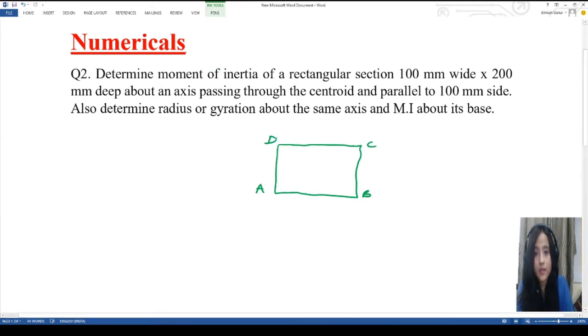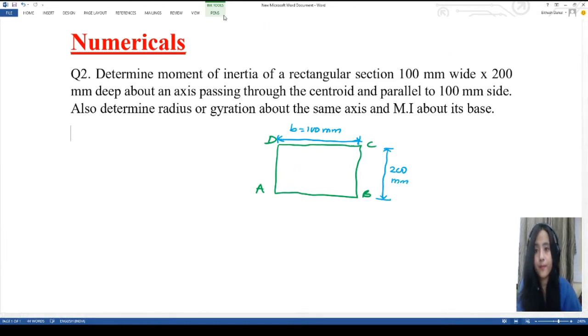And let's state that its base B is equal to 100 mm and my depth is given equal to 200 mm, right?